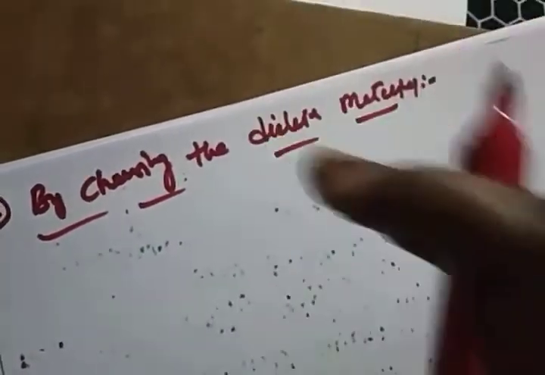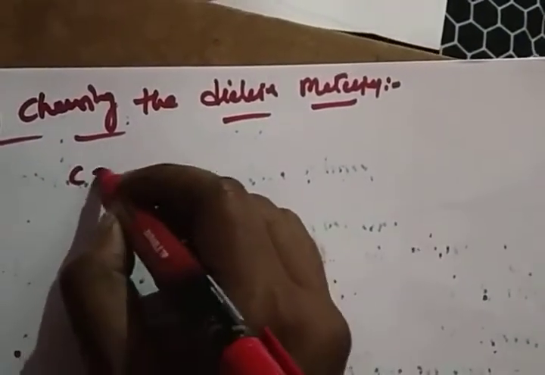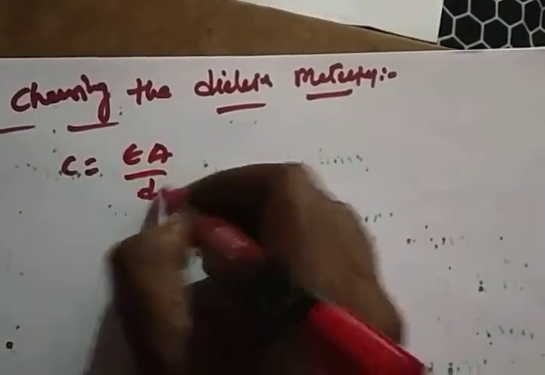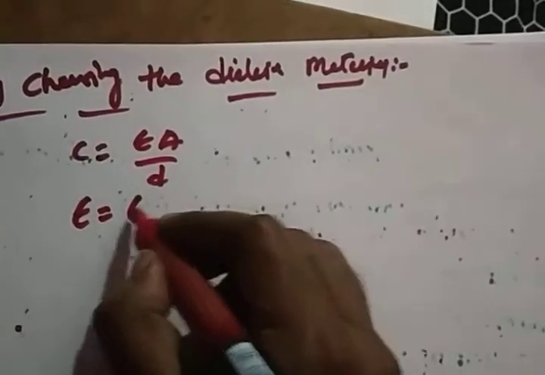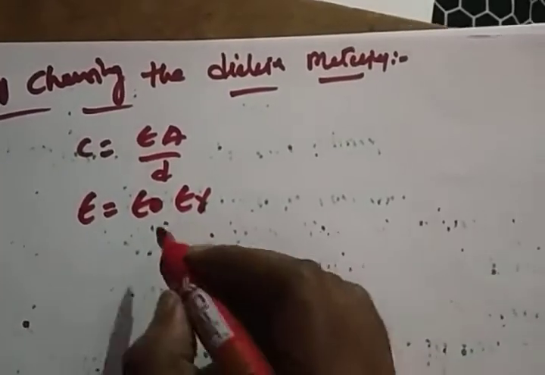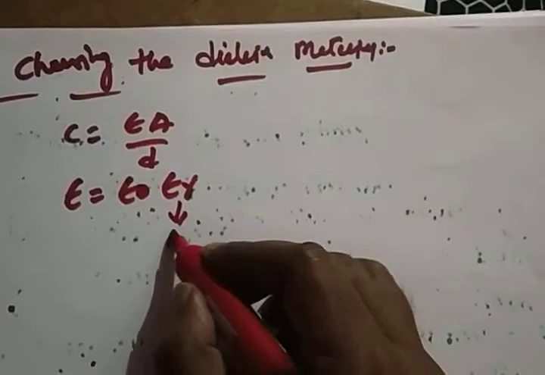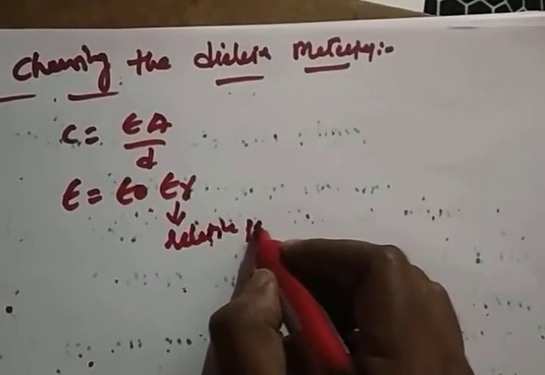That means you are changing the permeability, right? So what is the permeability? You know that C is equal to epsilon A by d. So epsilon is nothing but epsilon naught into epsilon R. So epsilon R is nothing but the relative permeability of any zone.